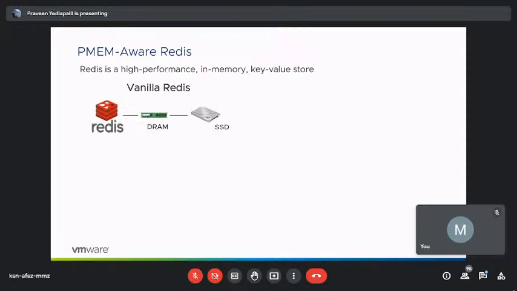That's the basic Redis, called vanilla Redis. It uses both DRAM and SSD. Every time you start the Redis server, it reads the database from SSD to DRAM, and any time you get a request from the client, all the requests are served from the DRAM. Typically, it is used as a caching layer in a large application.